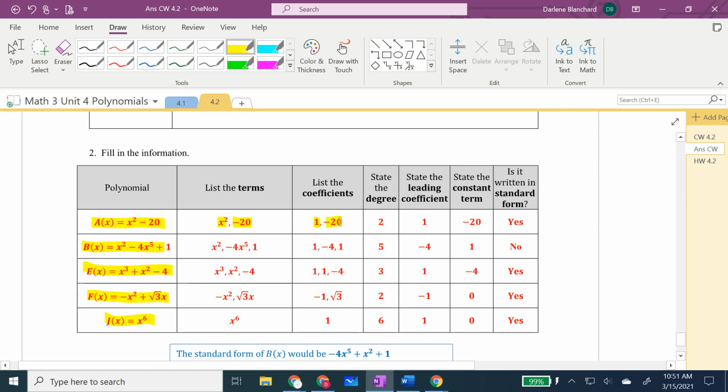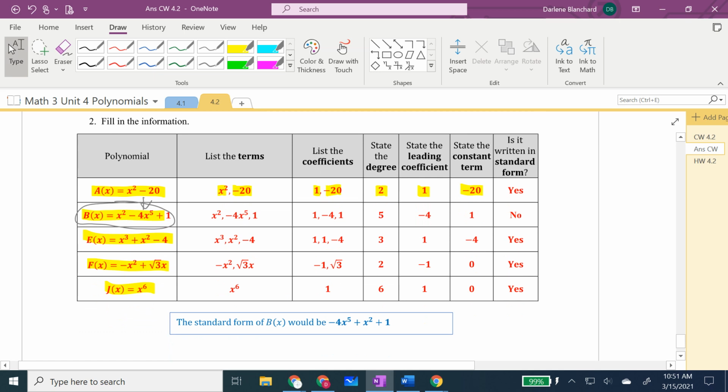Then the coefficients, the degree of that polynomial, the leading coefficient, the constant term, and it's written in standard form as long as it has its highest degree exponent first. And the standard form of polynomial b would be this right here.